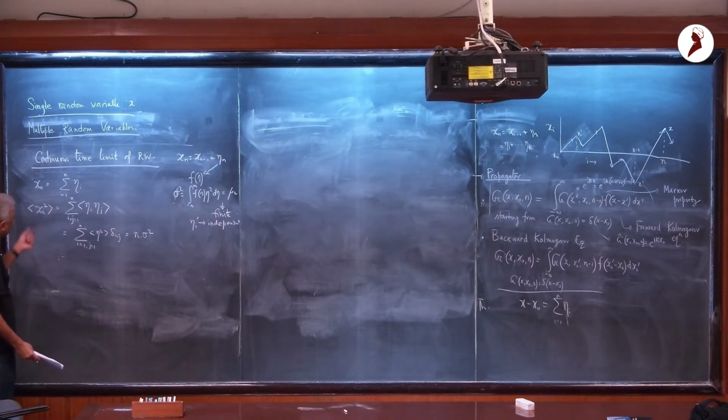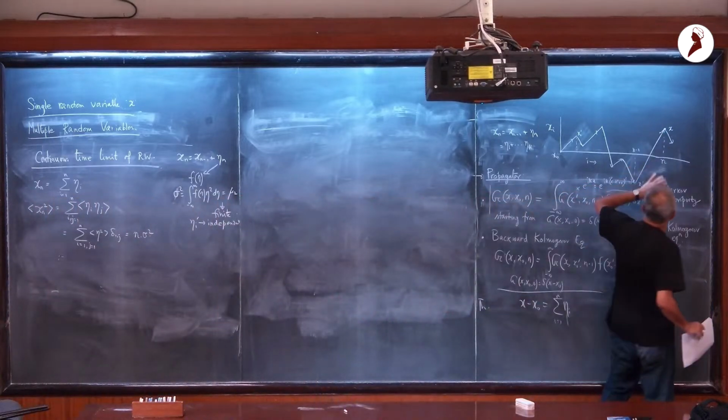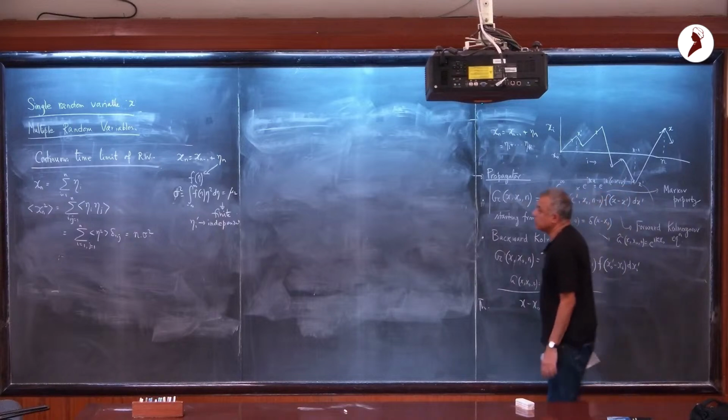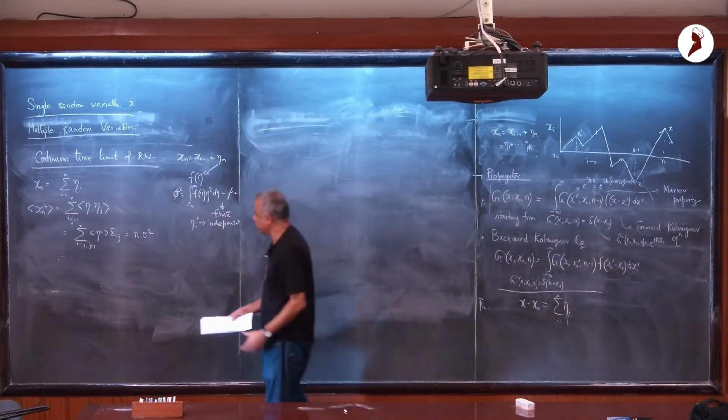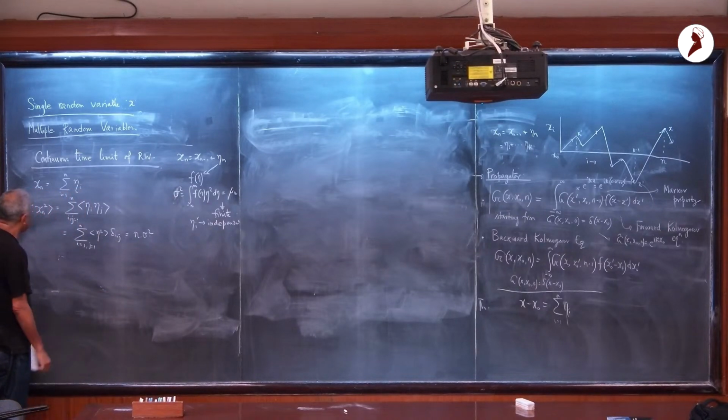So the fluctuation of the position at the nth step, the variance of this, is simply n sigma squared, if this mu2 or sigma squared is finite.